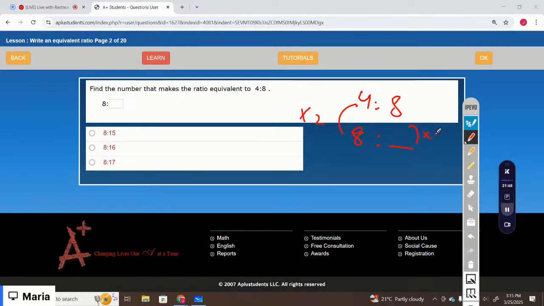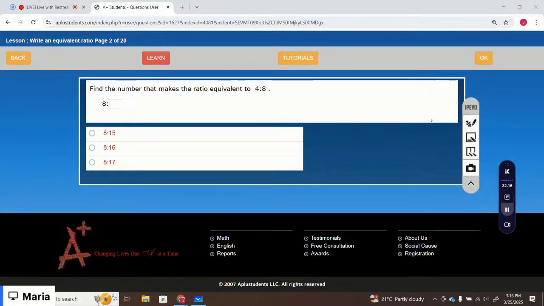So 8 times 2 is 16. That is 8:16. Option number 2 is the correct option. Very good.